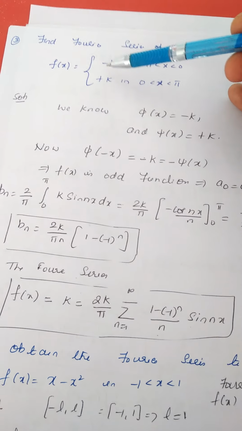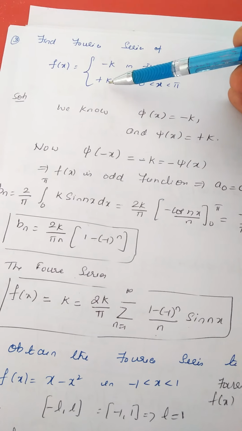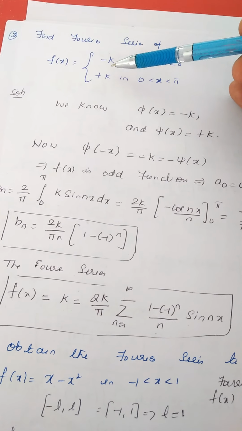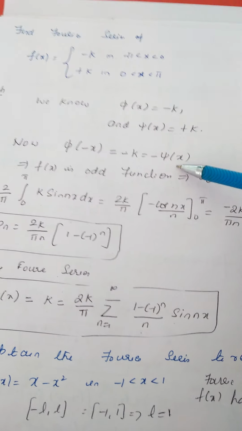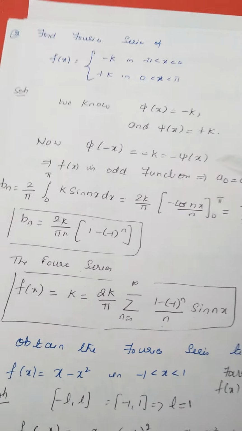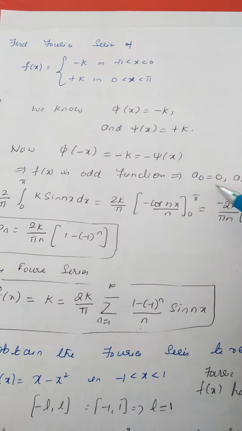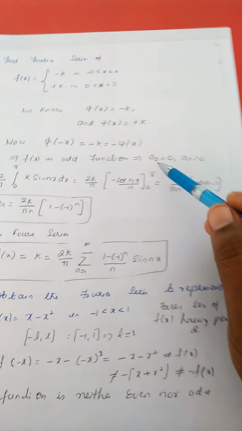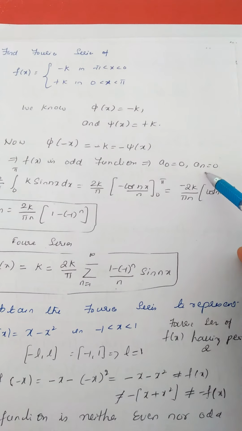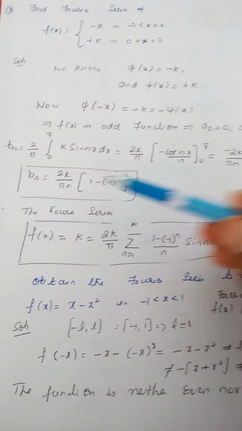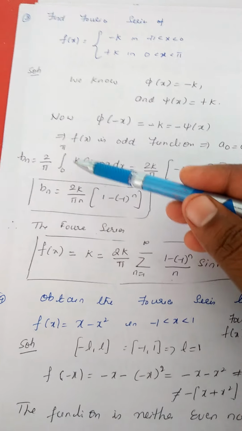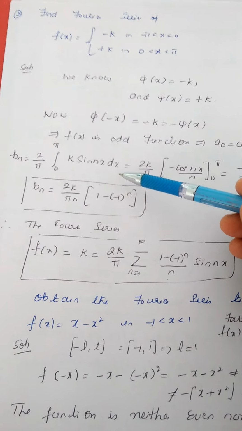If I take this as phi of x, this will be psi of x. Phi of minus x is also minus k only. Minus k can be written as minus into psi of x. Therefore, it is an odd function. So if it is an odd function, we need to find only bn. a naught and an will be 0. The bn formula is 2 by pi, integral 0 to pi, k sin nx dx.